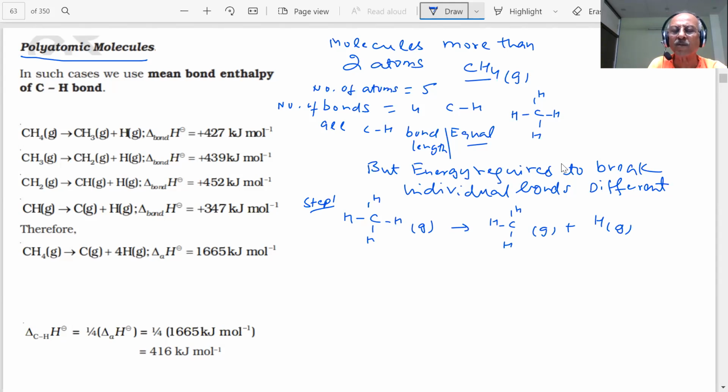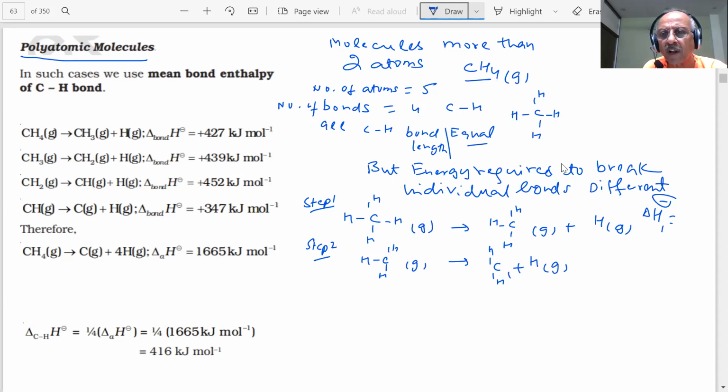This is the first breaking, so there will be some value of delta H1. In step 2, CH3 further breaks into CH2 and one more hydrogen gas. Then delta H2.